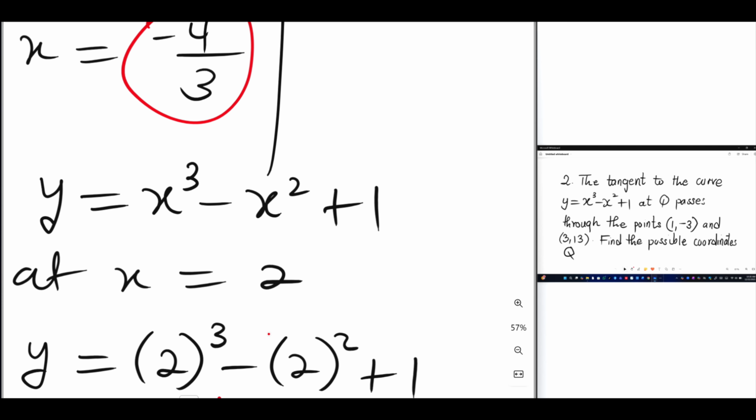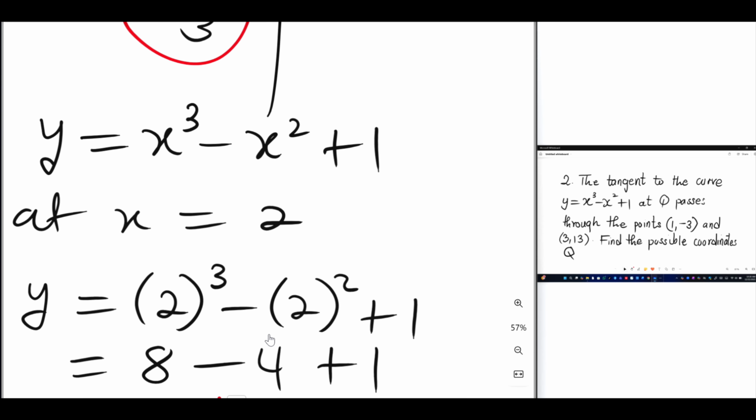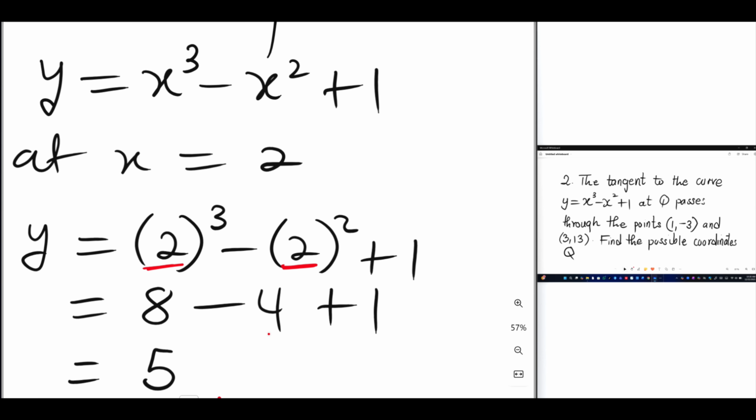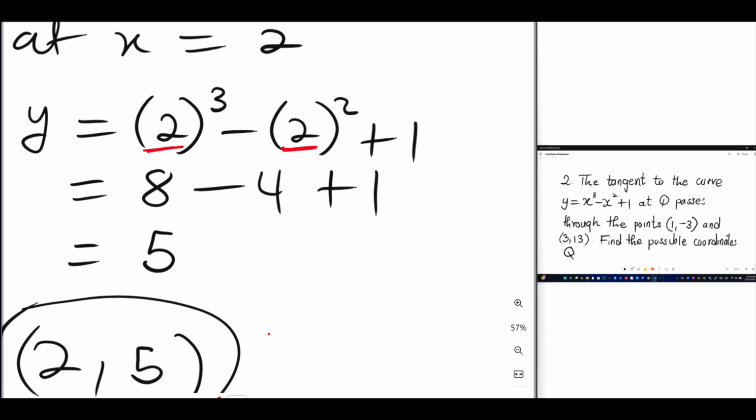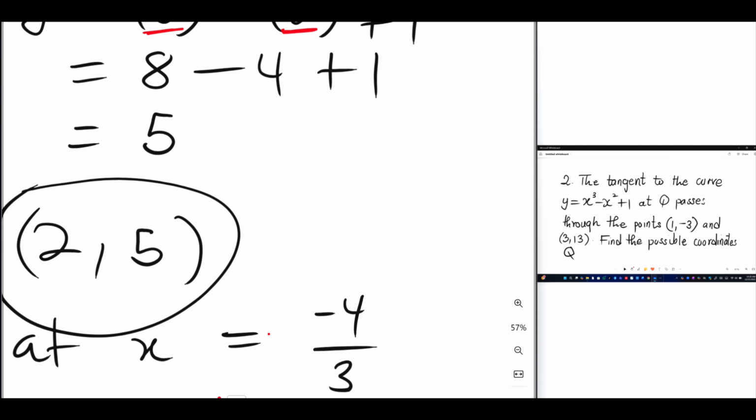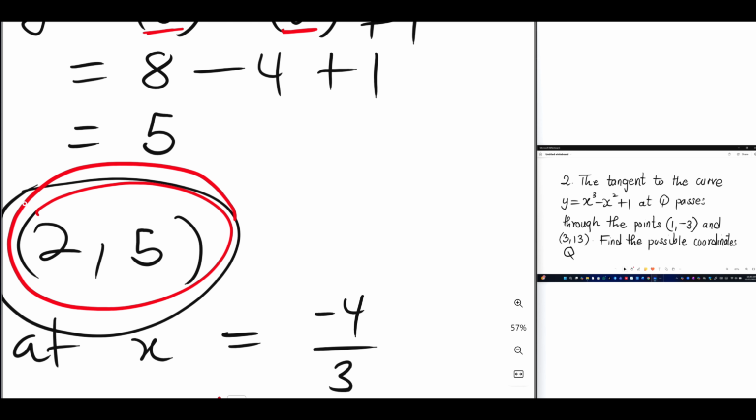So when you plug in 2 into the original function, you have 2 exponent 3 minus 2 exponent 2 plus 1, and we had the answer to be positive 5. So you pair the two coordinates to get a point. So one of the possible coordinates of point Q is (2, 5).